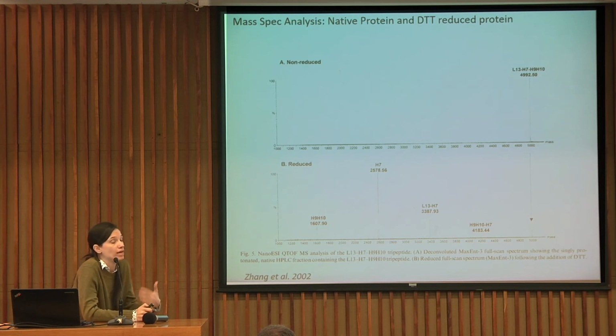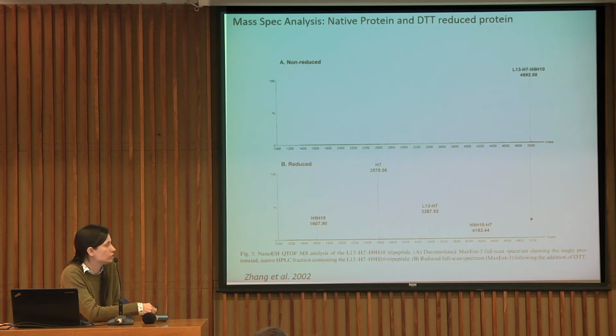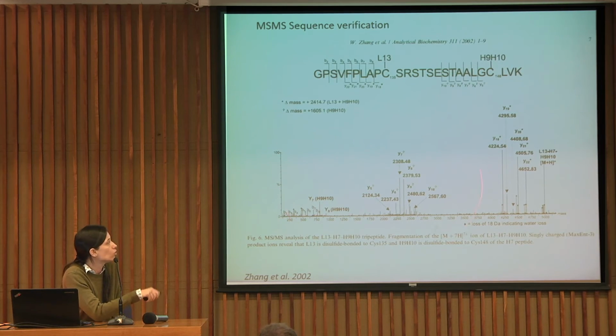If you do this for every expected disulfide bridge, you can predict the number and the sites where the disulfide bridges are. You can even go on and fragment those tripeptides to check their sequence.